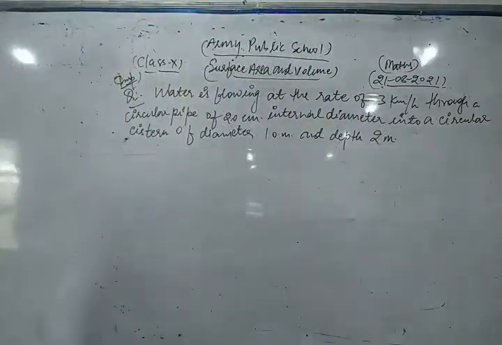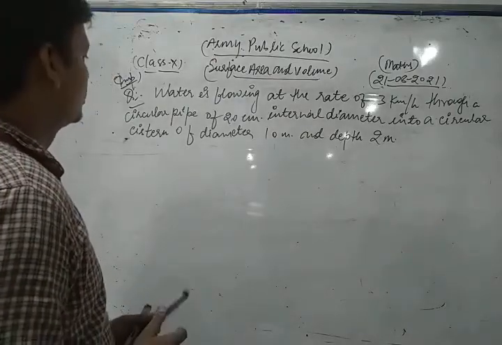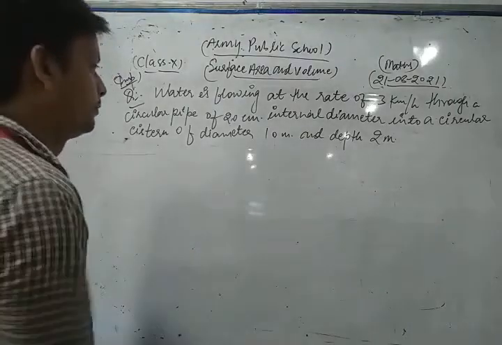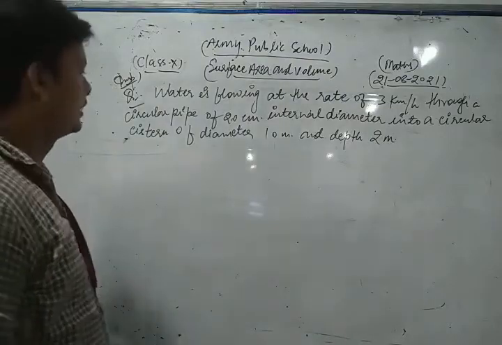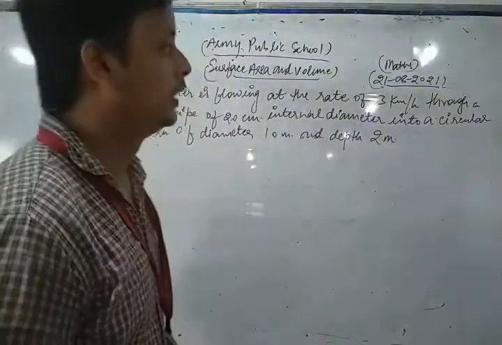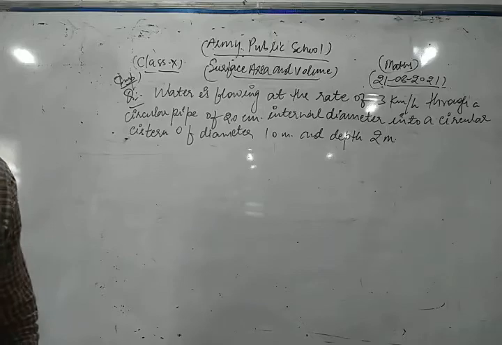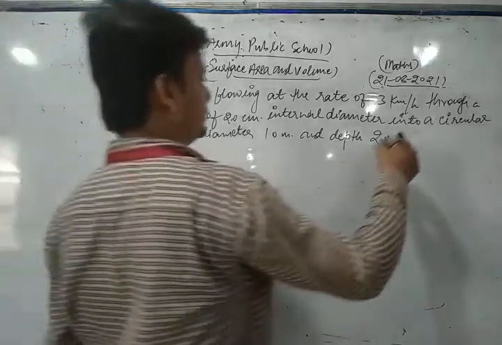Okay, let's see once more. Water is flowing at the rate of 3 km per hour through a circular pipe of 20 centimeter internal diameter into a circular cistern of diameter 10 meter and depth 2 meter.